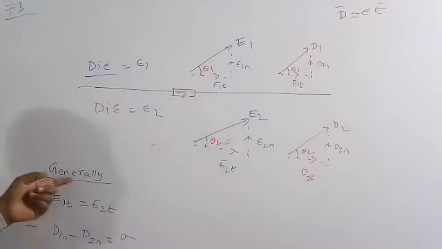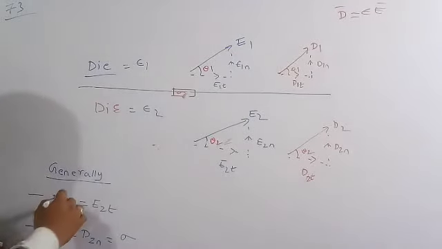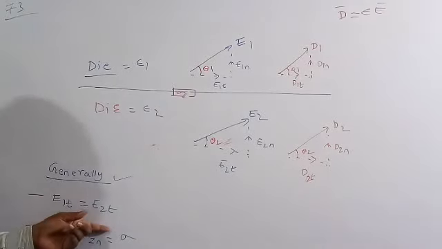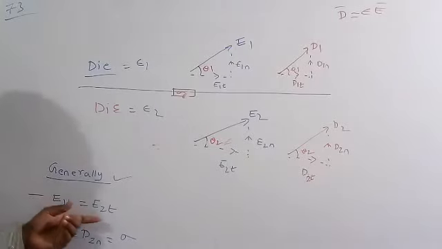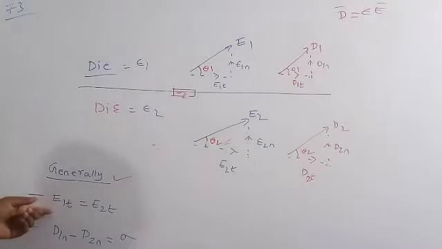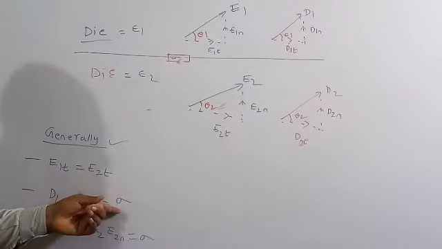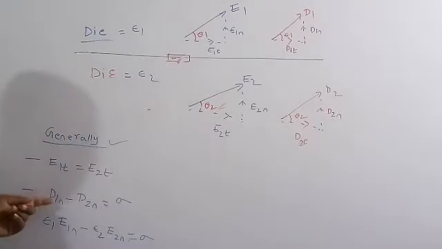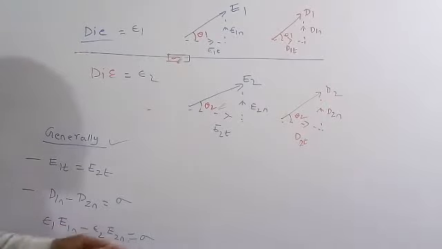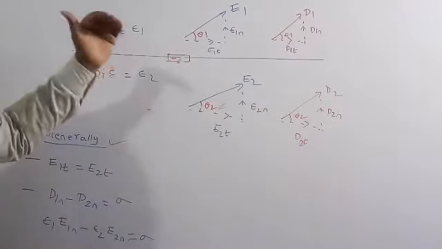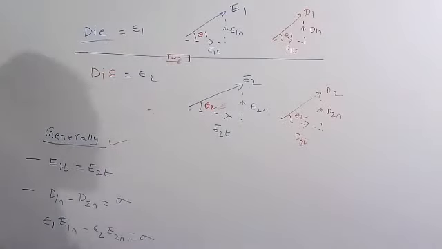Then the horizontal components of the electric field are always equal, and the relation D1n minus D2n is equal to sigma, the surface charge density. So epsilon 1 E1n minus epsilon 2 E2n is equal to sigma. If there is no surface charge on this surface, then sigma is equal to 0.